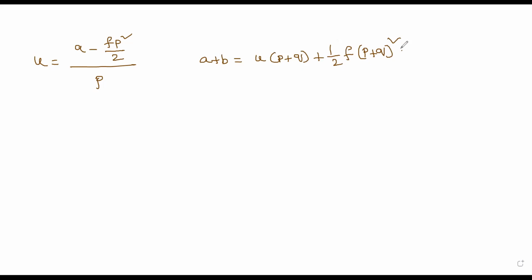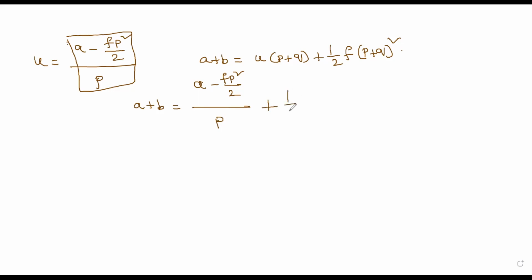Don't worry about it. So here, let us write a plus b is equal to u. Instead of u, I am going to substitute this one. So that is (a minus fp square by 2) whole divided by p, plus half into f into (p plus q) whole square. You have another quantity p plus q here multiplying.